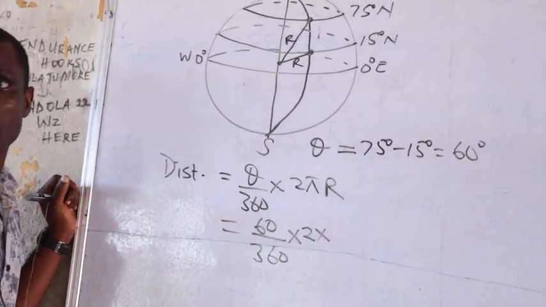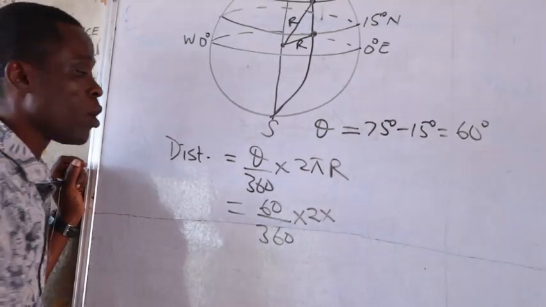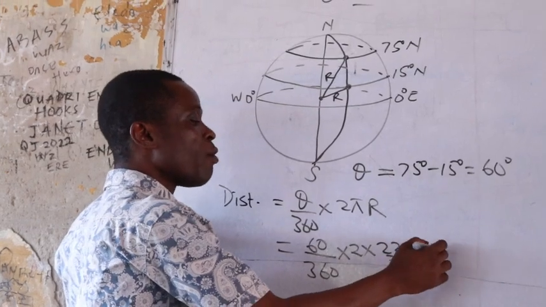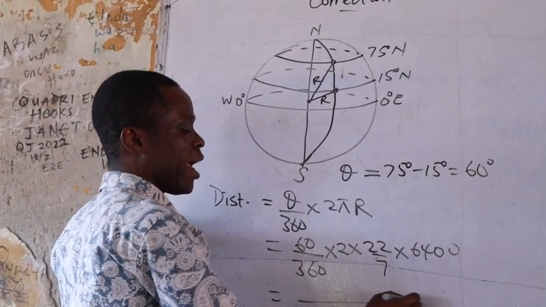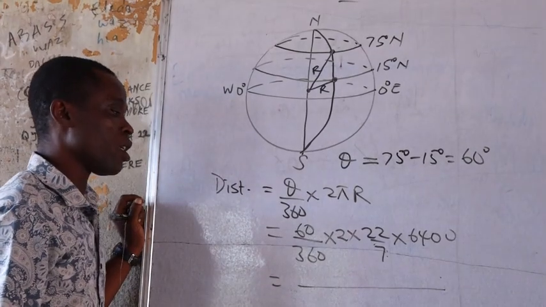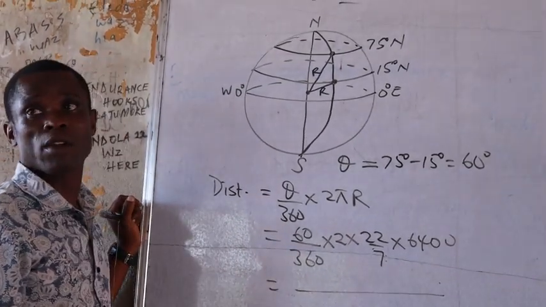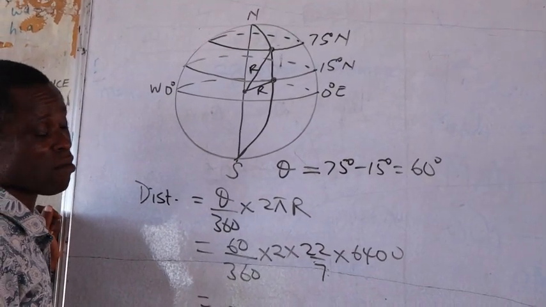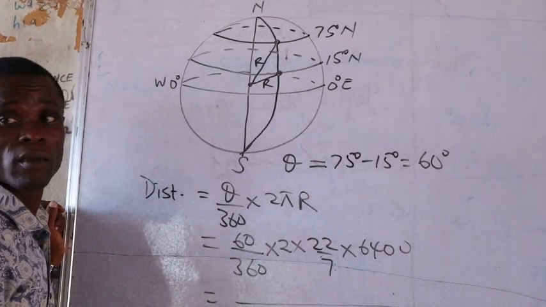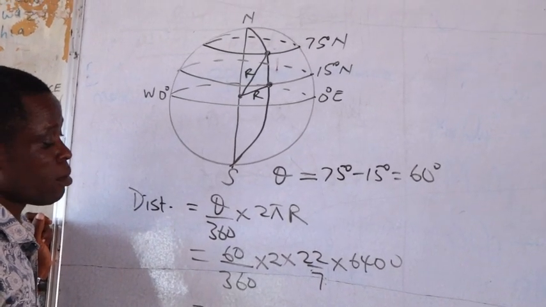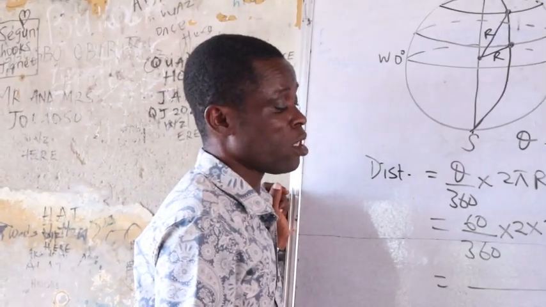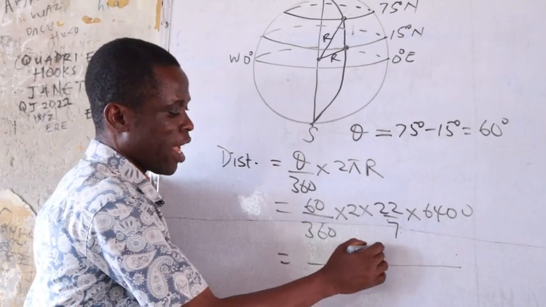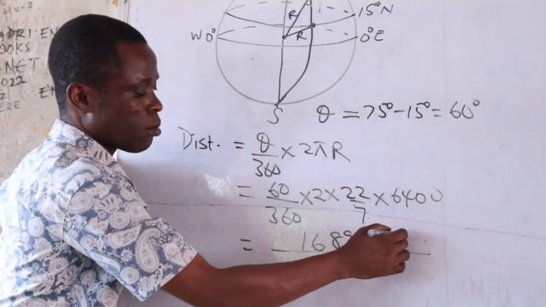Do we have any value for pi there in the question? No. So let's use 22 over 7 times 6,400. Please let me multiply all the numerators together: 60 times 2 times 22 times 6,400. What is the result? 16896, with 3 zeros.